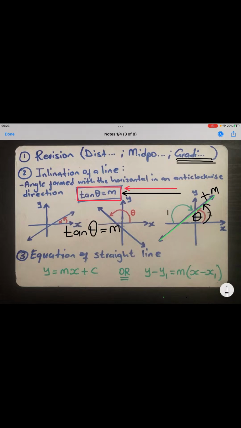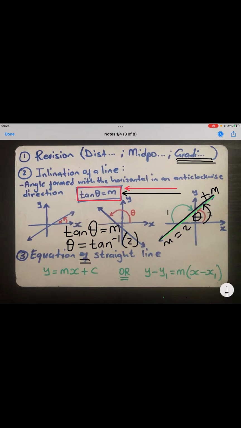And then once you have determined the gradient of that line, I'm just going to make an assumption that it's, let's say, 2. Obviously it has to be a positive value, so positive 2. That means you're going to say angle of inclination is equals to, on your calculator, second function of tan of the gradient, which is 2. You punch that on a calculator and it gives you an acute angle in degrees.